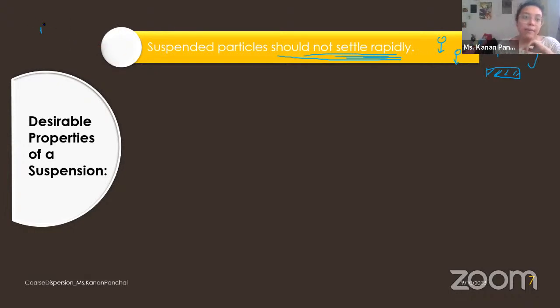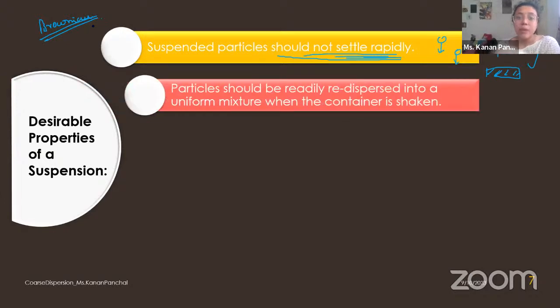So here, Brownian motion का optimal होना चाहिए. Next is particles should be readily redispersed into a uniform mixture when the container is shaken. So even if it is settling, it should not form a hard cake, and instead shake करने पे it should readily redisperse.